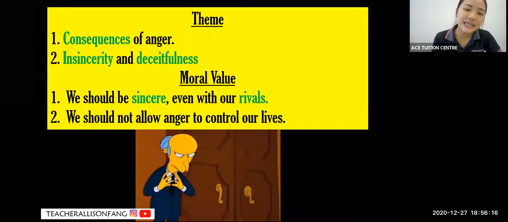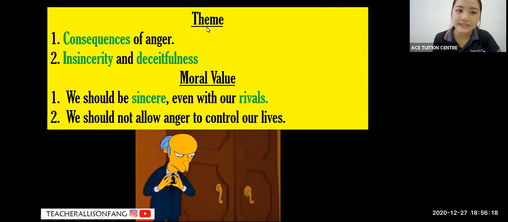And I would say that the theme and the moral value of this entire poem is, the first thing, the reason why the foe died was because the persona was so angry and he did not deal with his anger properly. Hence, the theme is consequences of anger. And the second thing, even though the apple was vibrant, it was red, however, it was very, very poisonous.